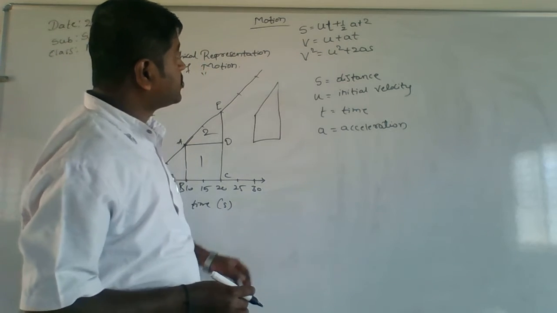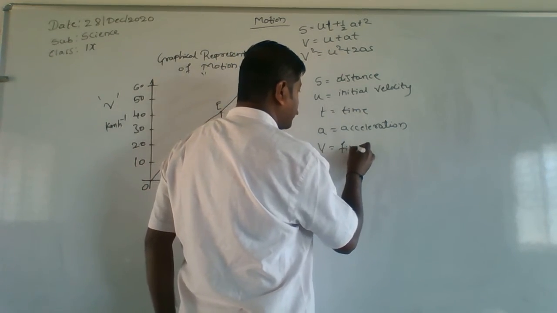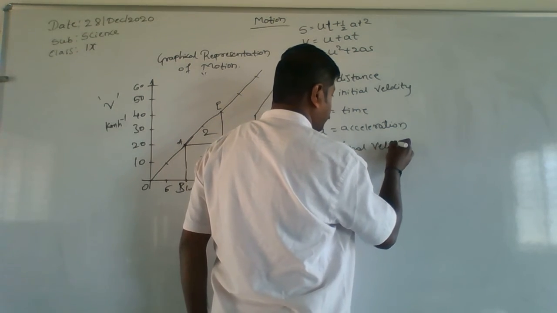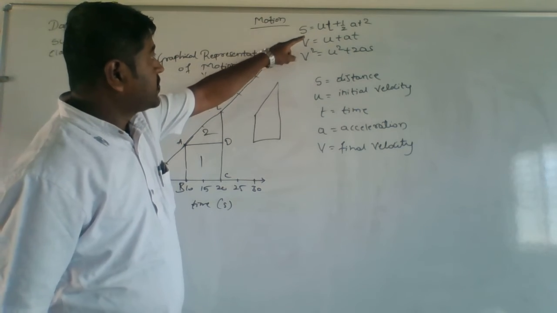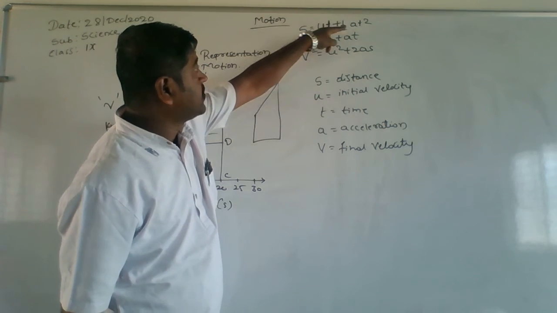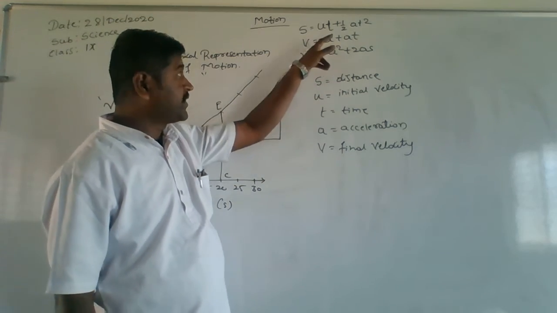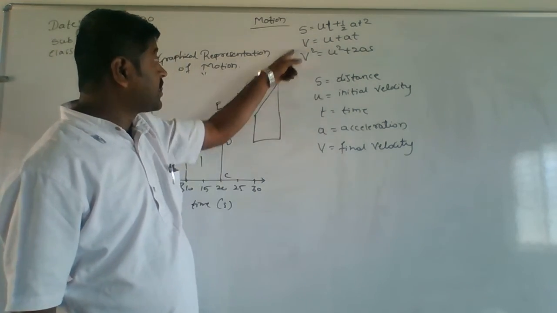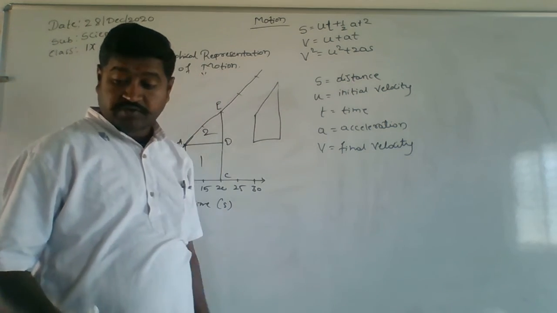Then what else is left? V, that is final velocity. So S is there, u is written, t is written, a is written, v is written. Okay, so these are abbreviations. At least you must remember these correctly. Did you understand? So that's all for today.